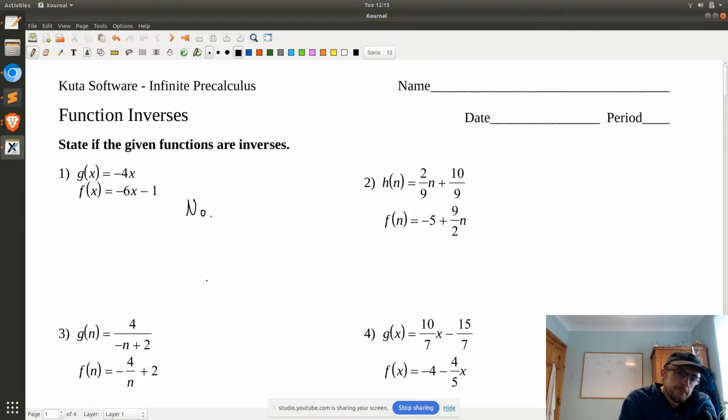No, they're not inverses. For example, if I feed 10 into G, I get negative 40, and if I feed negative 40 into F, I get 239, which is not 10.